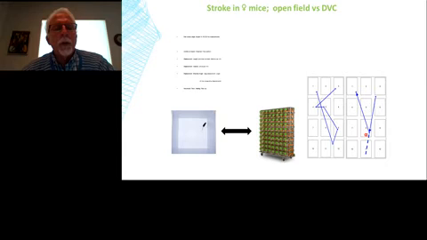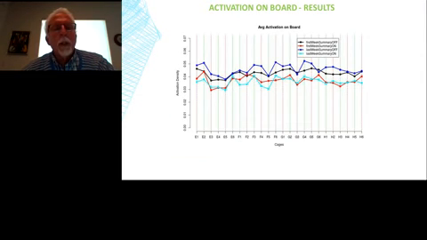So there were a few things that they wanted to look at in terms of the distance, the velocity, and then the angulations using the DVC system, and then comparing that somewhat to the open field overall. One of the big things that this did allow as well is to look at where the major activity was.